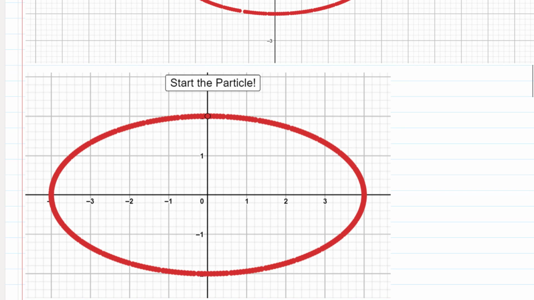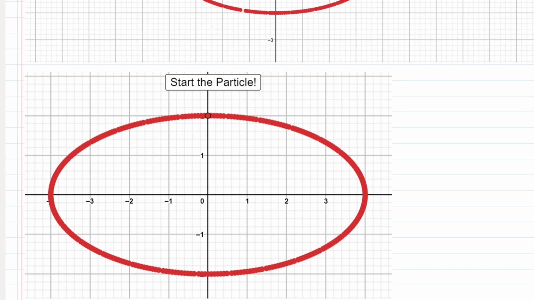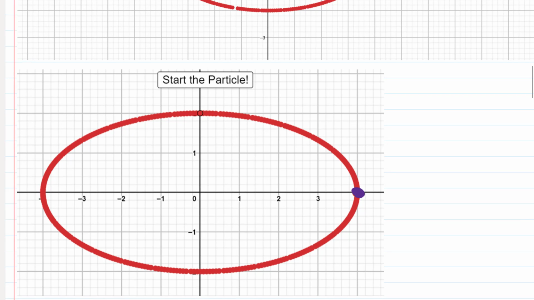So now that we have it drawn in our notes, we want to draw the velocity vector at the point 4 comma 0. So I know the point 4 comma 0 is right here. And I want to draw the velocity vector that goes with it.